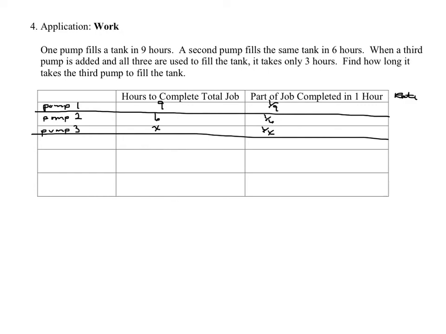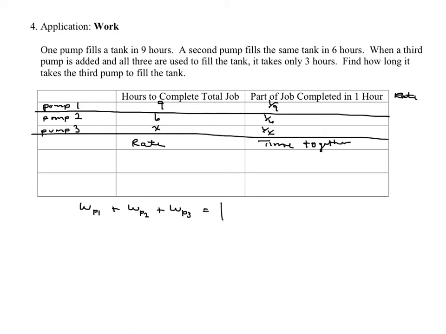Good. So now let's do the rate, time, together. Good? Now, the work done by pump 1 plus the work done by pump 2 plus the work done by pump 3 is equal to 1 job.